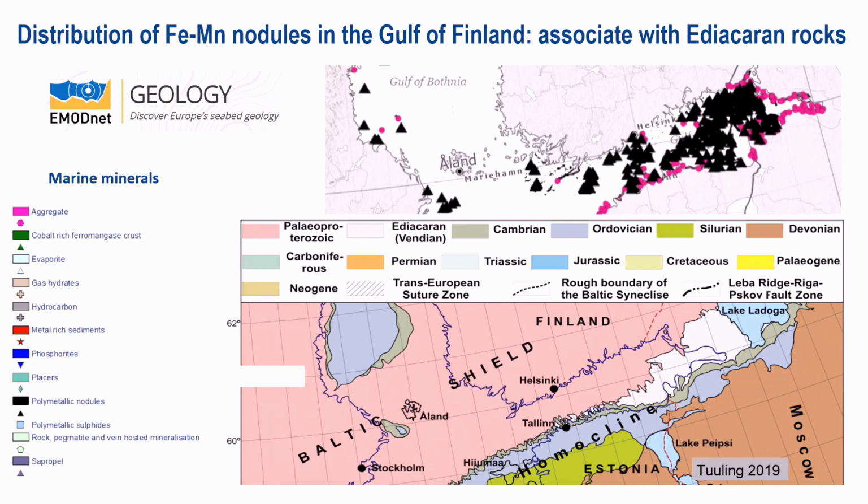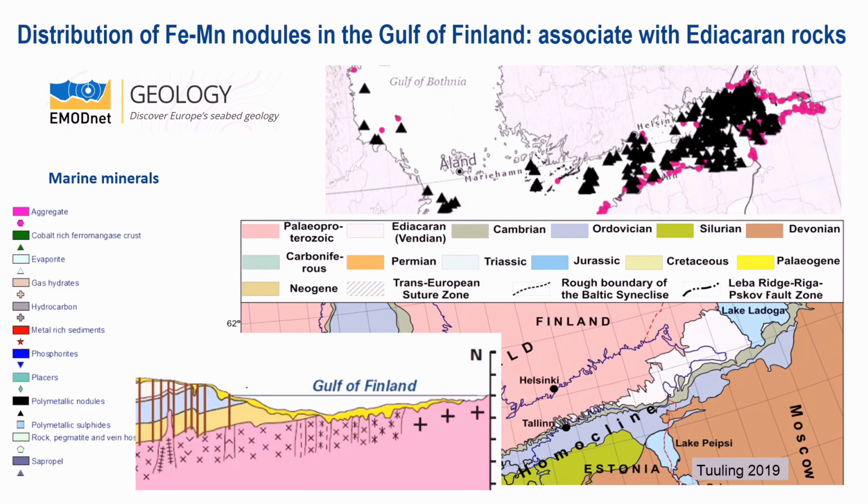But why should there be fluids in these Ediacaran rocks that want to leak out? Yes, so there's another piece of geological information, geological cross sections from the Gulf of Finland southward, and then this yellow unit on top of the pink rocks.